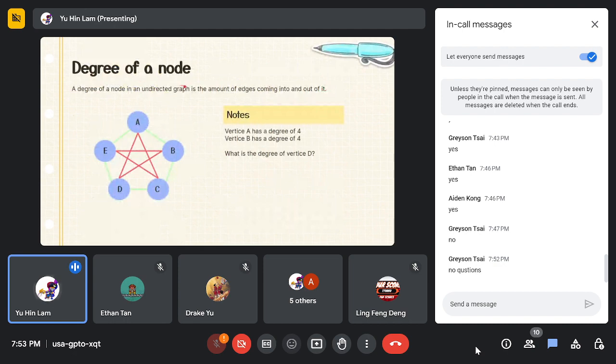So how do we find the degree of a node? The degree of a node is the number of lines coming into or out of a single node. Here we have our vertex A. It has a degree of 4 since we have 4 lines coming out of or into it. Our vertex B also has a degree of 4, as there are 1, 2, 3, 4 lines coming into or out of B. So just type your answer in the chat. What would the degree of vertex D be?